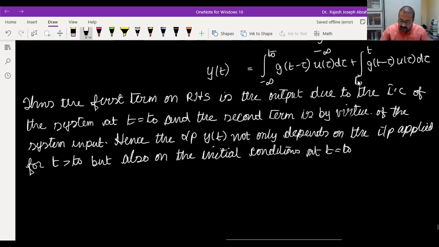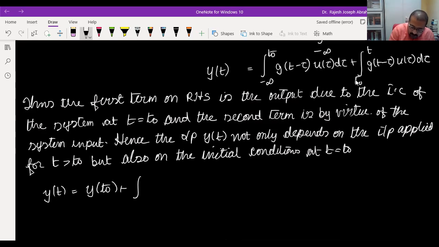So this equation I can write like this: y of t equals what? This is some initial condition. So y of t naught plus integral t naught to t g of t minus tau u tau d tau. Okay, so what is the first term? The first term is the state of the system at t equal to t naught, because t naught was the initial condition.